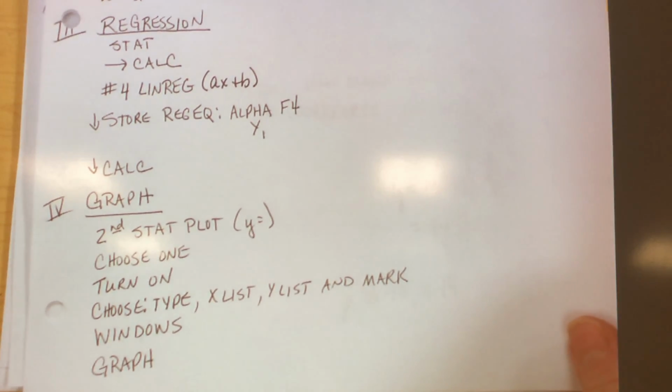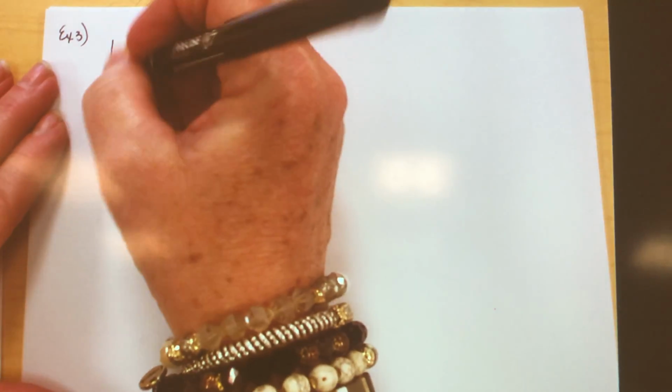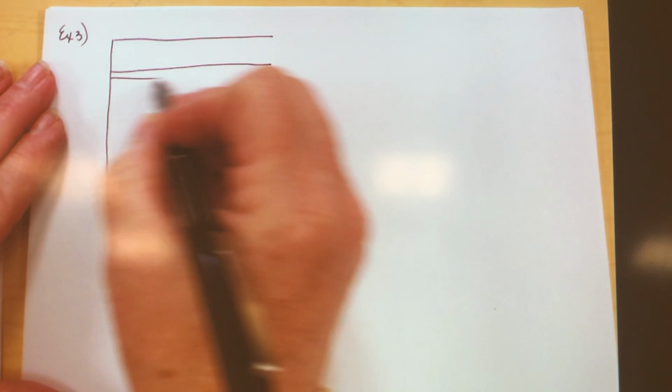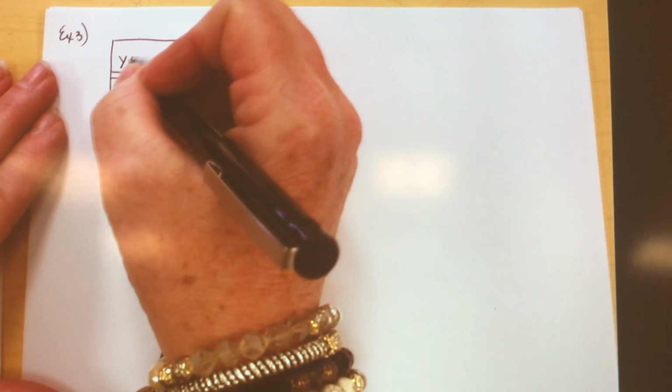Graph. All right. So now we're gonna work a problem. This is actually example 3 out of your book. It's gonna give me a chart. The left side of the chart is going to give me the year.